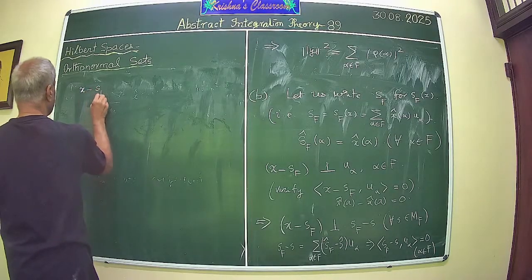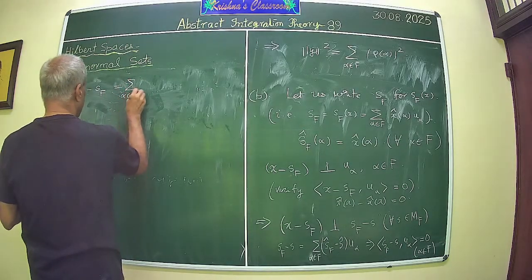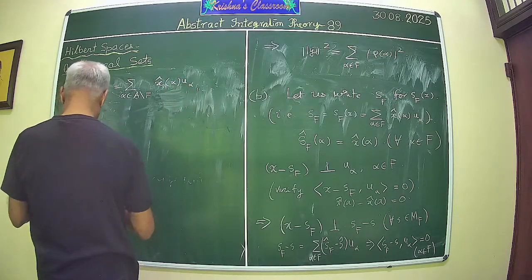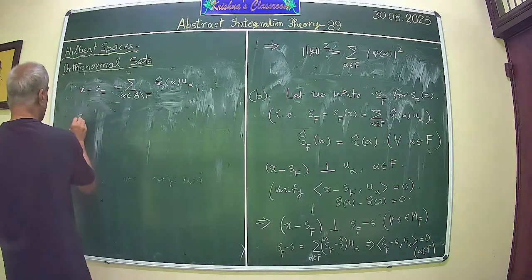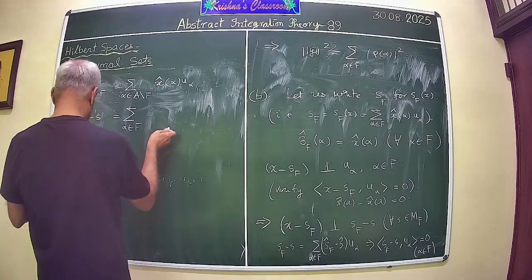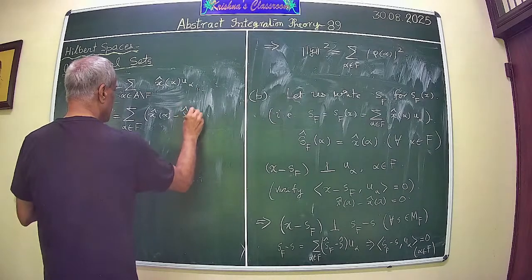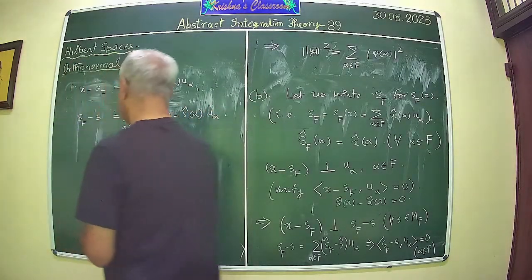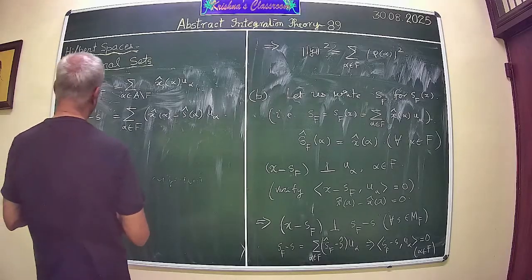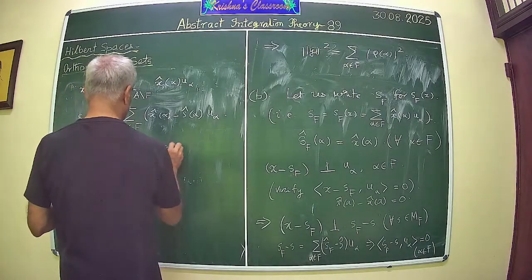X minus SF equal to, therefore you have this is equal to 0.